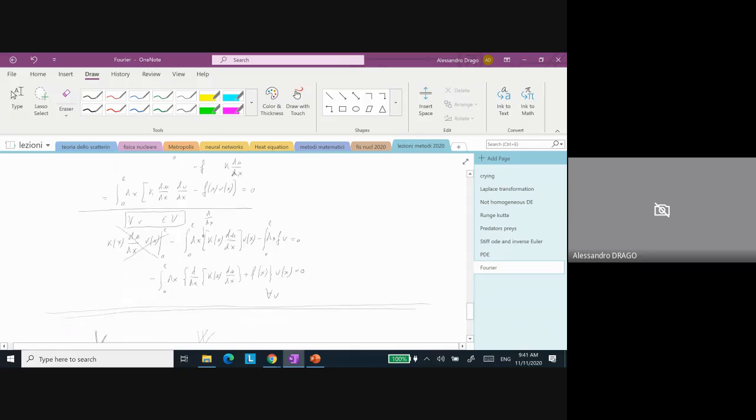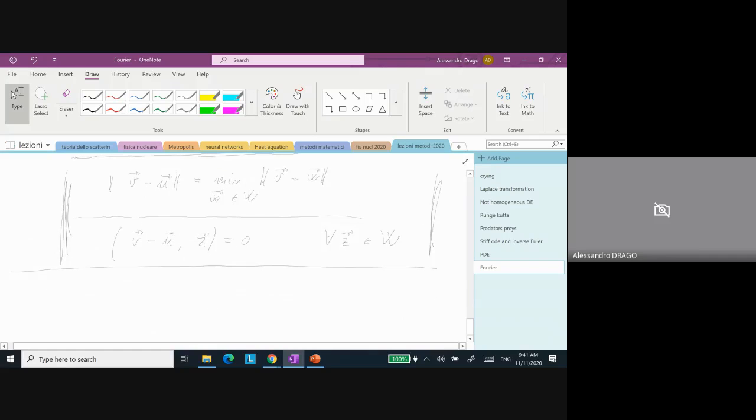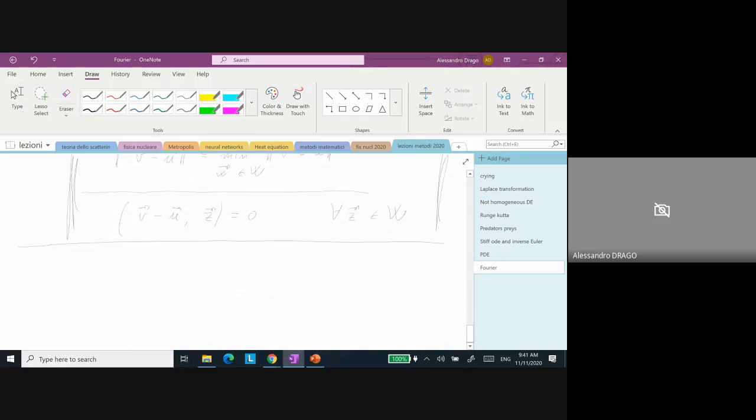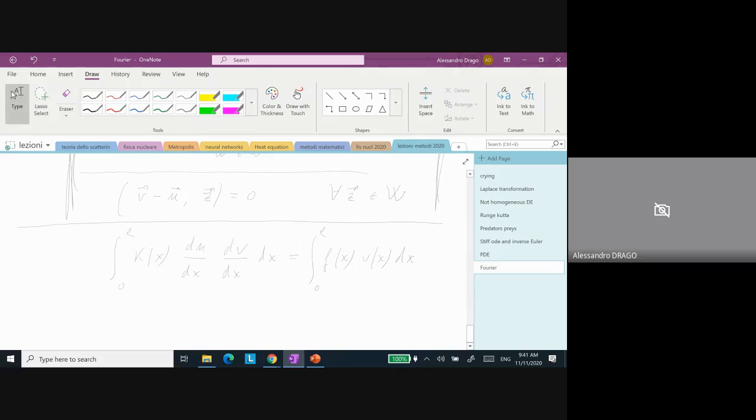The formulation in terms of this weak form corresponds, let me write it again, to saying that the integral between 0 and L of k of x, du over dx, dv over dx, integrated dx, is equal to the integral between 0 and L of f of x, v of x dx, and this is true for whatever v belonging to the same space V of the solutions.